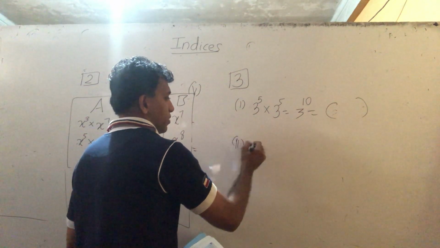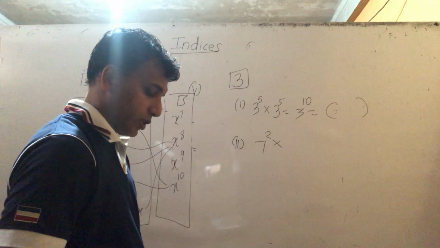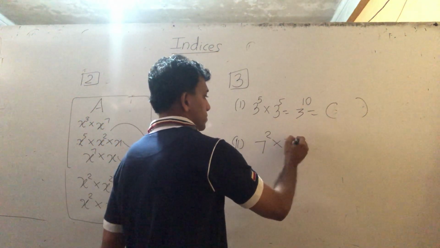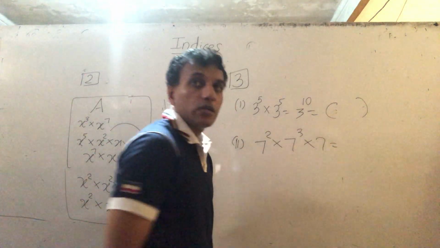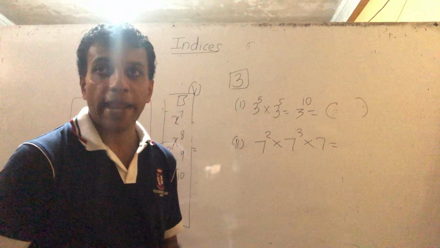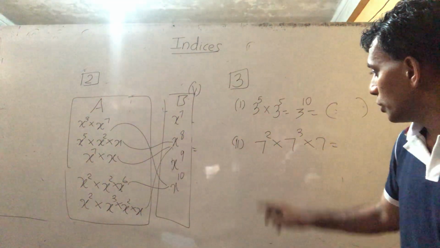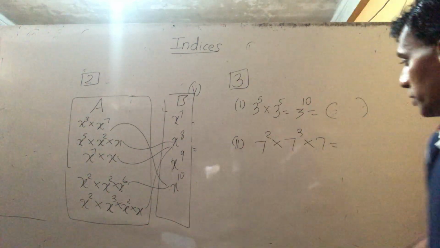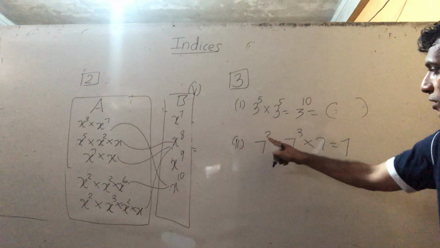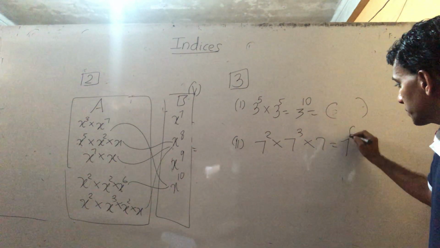Next one, 7 squared multiplied by 7 to the power 3 multiplied by 7. Simplify and find the value. The bases are equal, so when you multiply, add the powers: 7 to the power 2, 3, and here 1, that is 6.